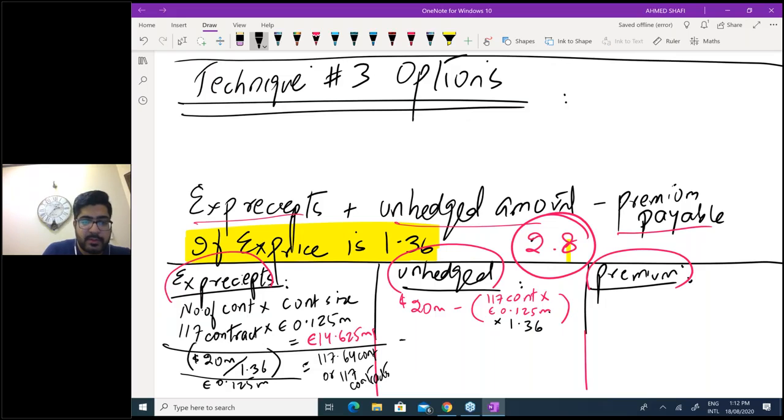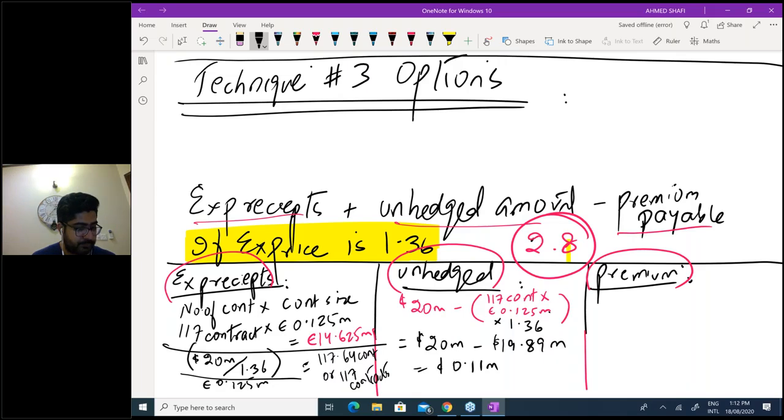Expected receipts in foreign currency was 20 million, but you only hedged 117 contracts at 0.125 million at 1.36. Only hedged 19.89 million. So what is the unhedged? 0.11 million. Because you took fewer contracts, 0.11 million remains unhedged.